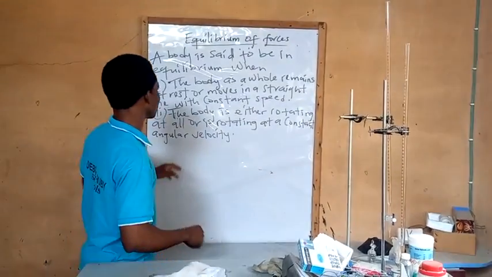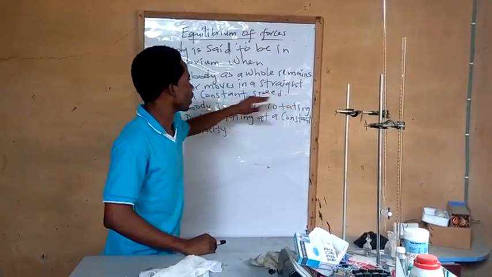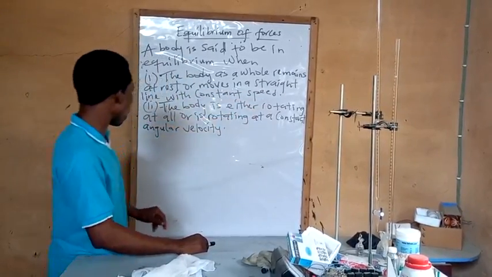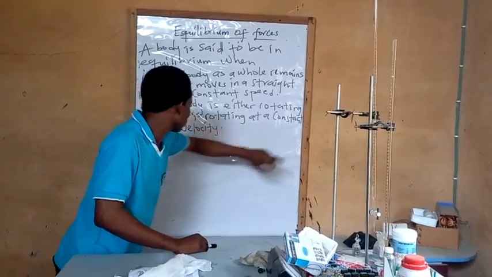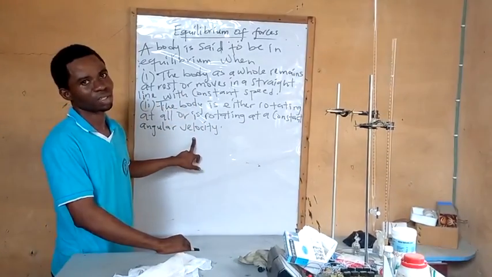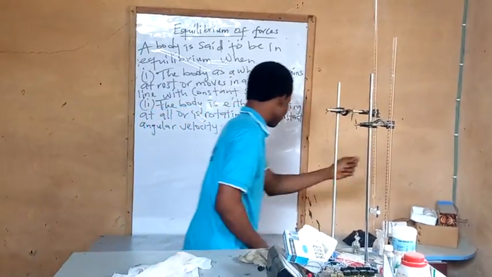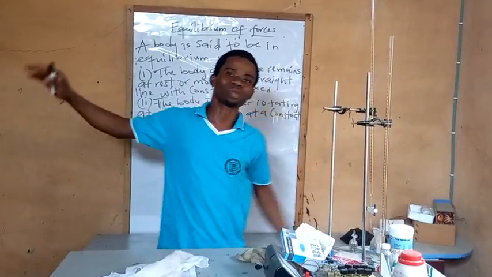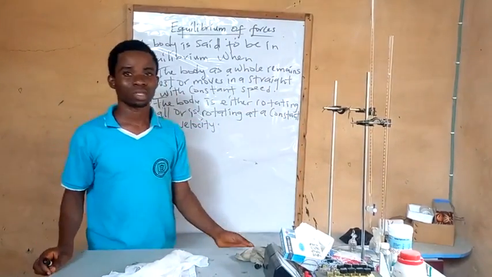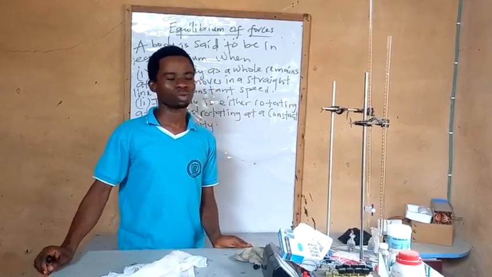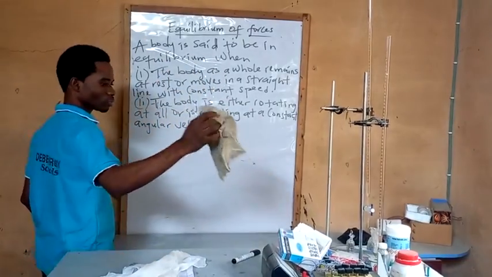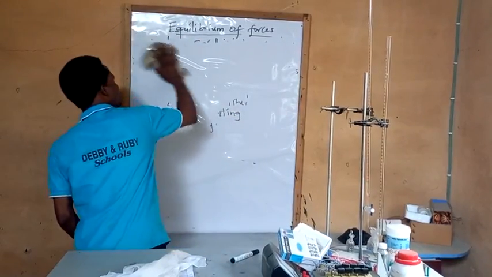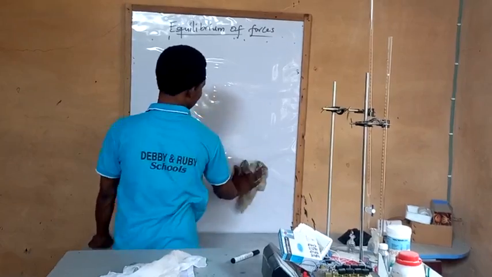But if the body is moving in a straight line with constant speed, or is rotating at a constant angular velocity, those are the dynamic equilibrium. Okay? Those are the conditions for the body to be in equilibrium.